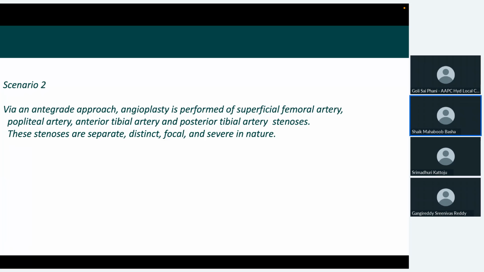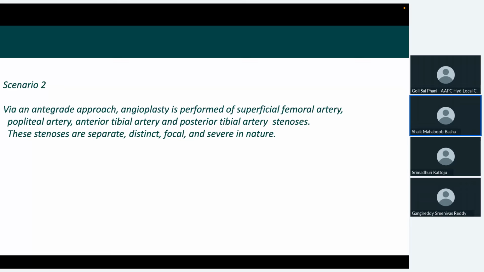Someone says 226. Why 226? It is not an angioplasty code. Someone coded 37224, 37228, and 37232. Someone says only 37224. Why?